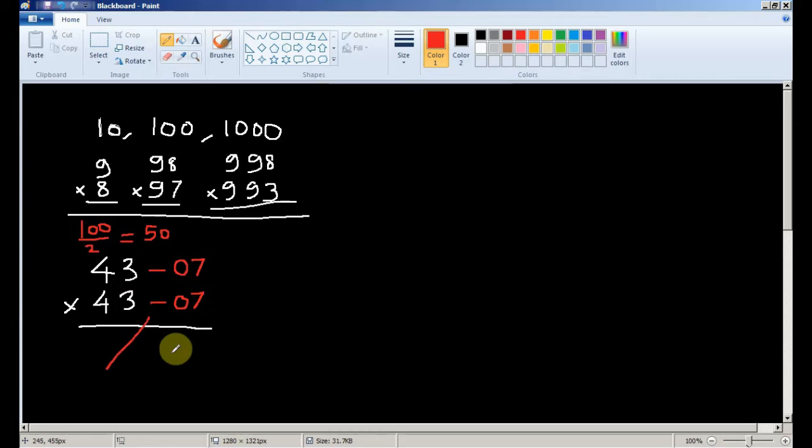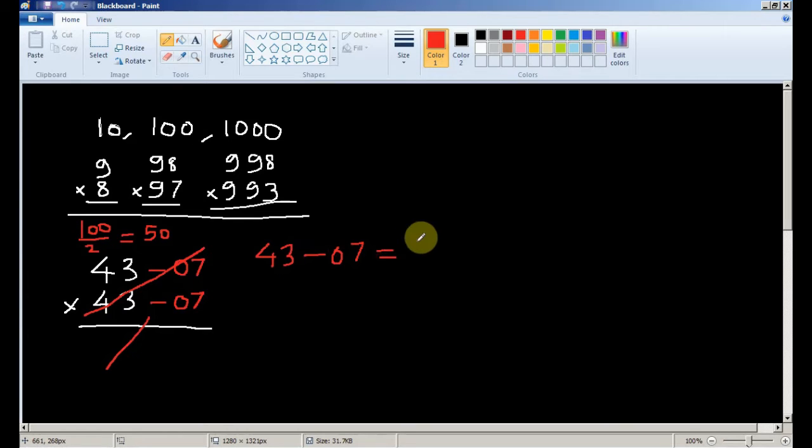The answer has two parts: one is the first number and the other one is the second number. The first number you can get by subtracting crosswise, in either direction. So let me subtract 07 from 43.